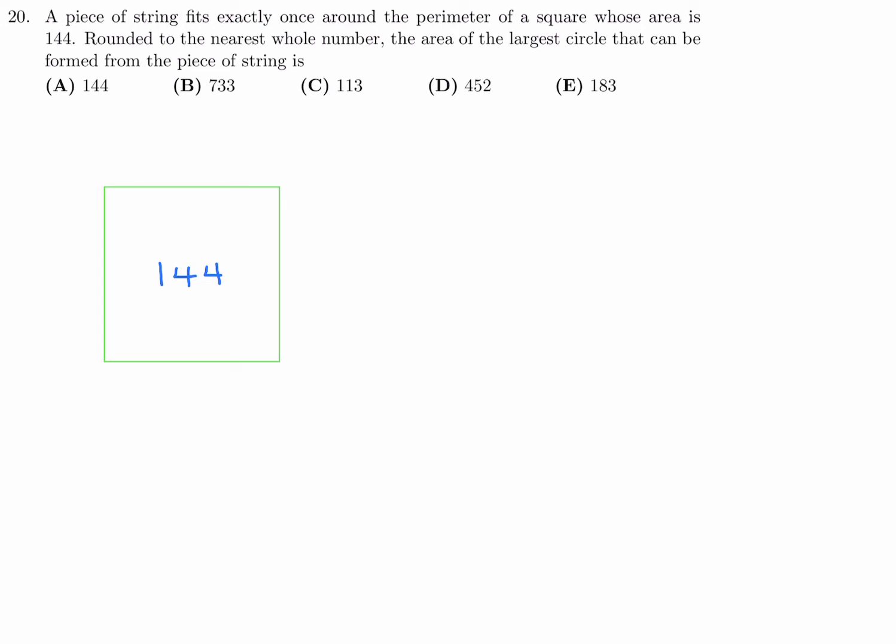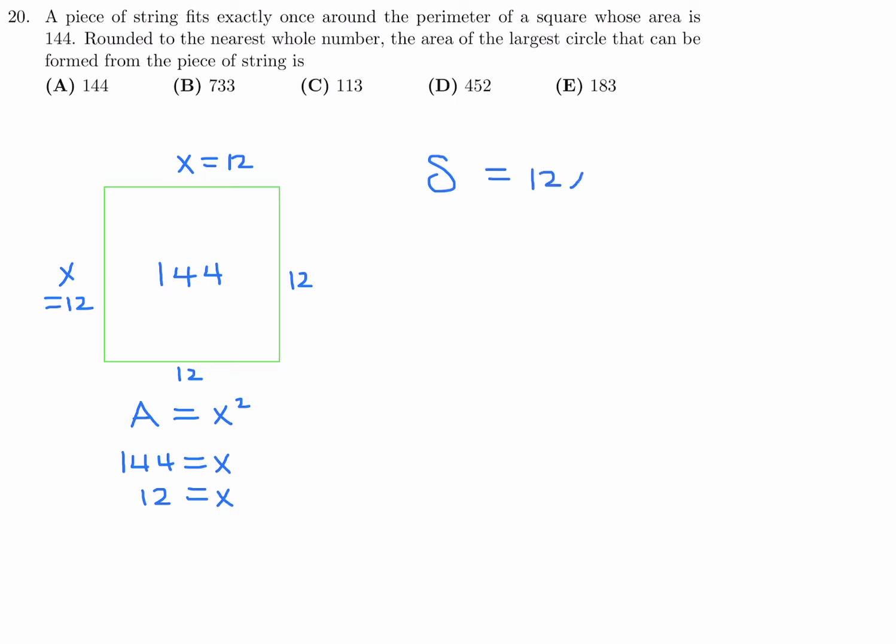Since the area of a square is x squared, where x is the side, if that's 144, then x is equal to 12. So this is 12, this is 12, all the way around. Now they say that the string fits exactly once around. So the string is equivalent to the perimeter of the square, which is 12 times 4, which is 48.